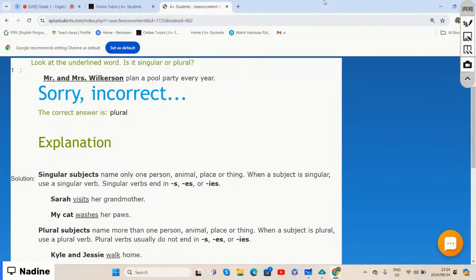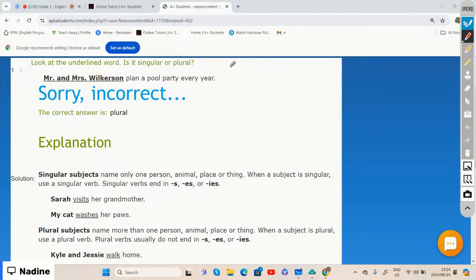We say that the subject is plural because it refers to more than one person. And our verb plan does not end with an s.